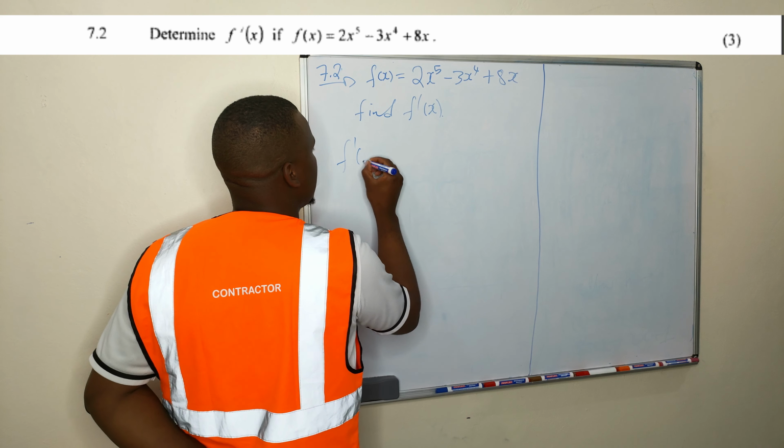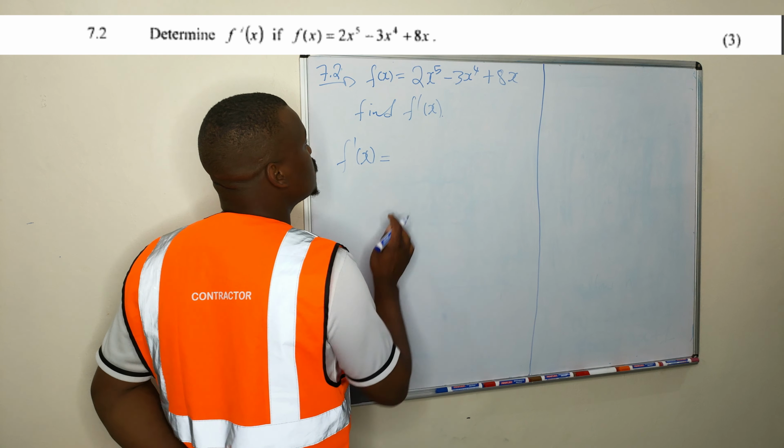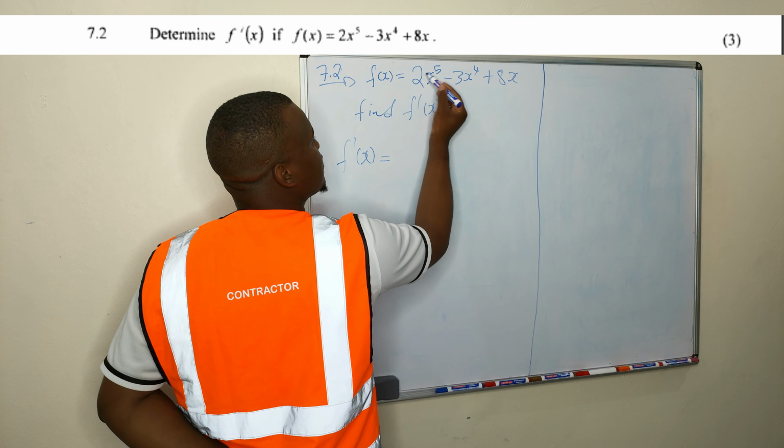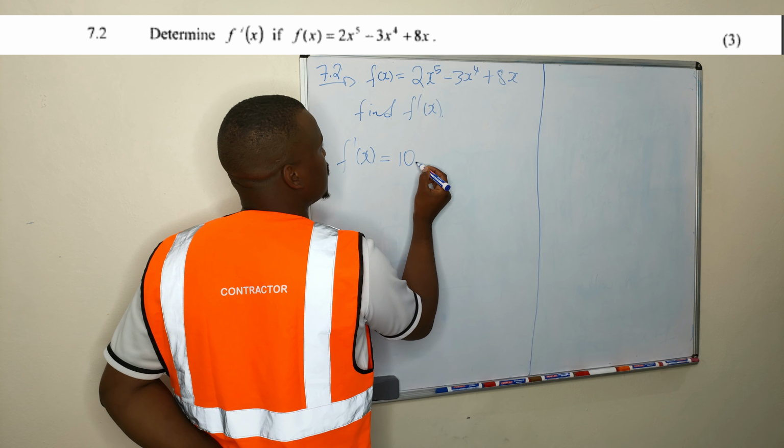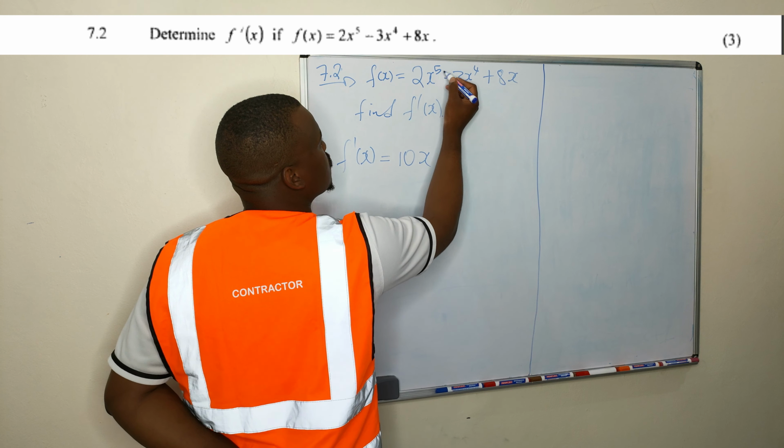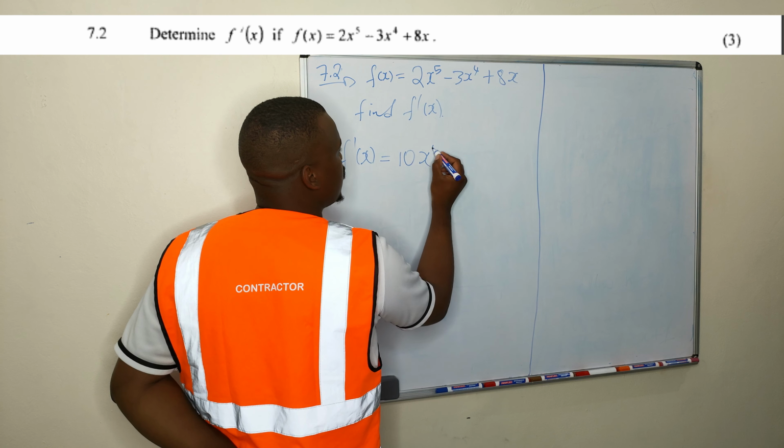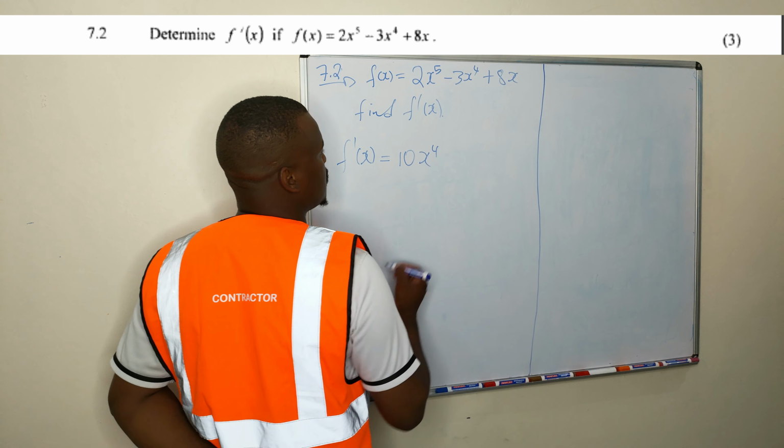So f prime at x is equal to: derive this, so top times this, that is 10x, then subtract 1 there, that is 4, right?